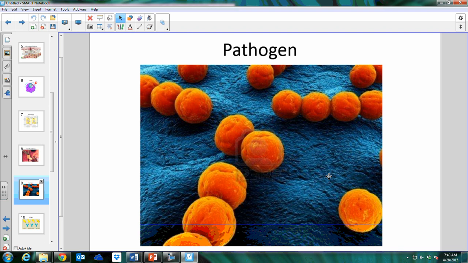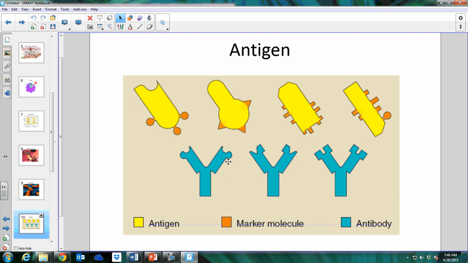A pathogen is anything that would cause an infection or disease. Usually we associate pathogens as bacteria or viruses, and pathogens have something on them called antigens. An antigen is basically a signal to your body that whatever it is, it's not you.